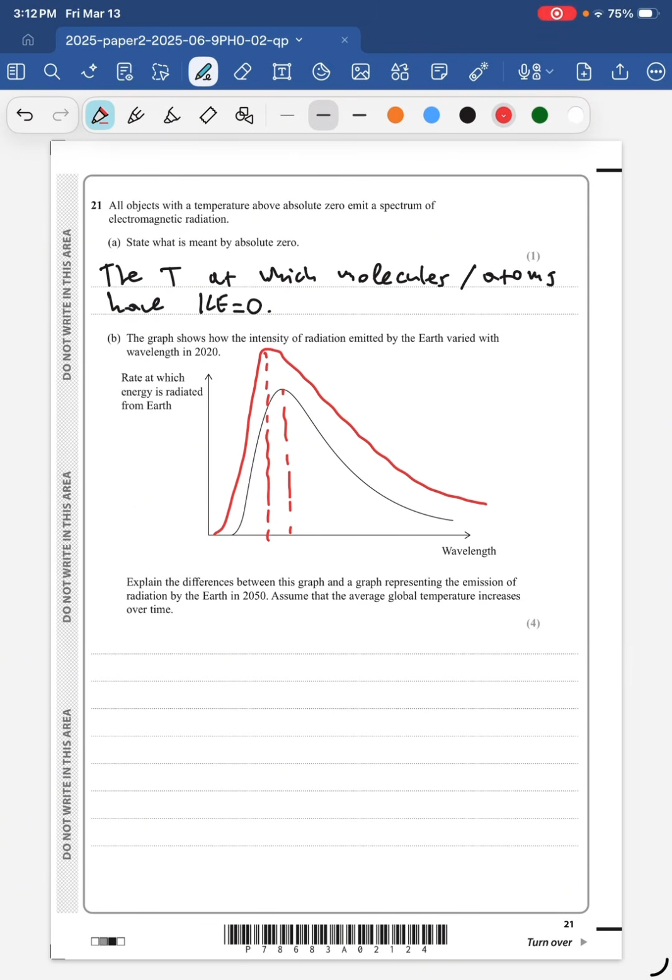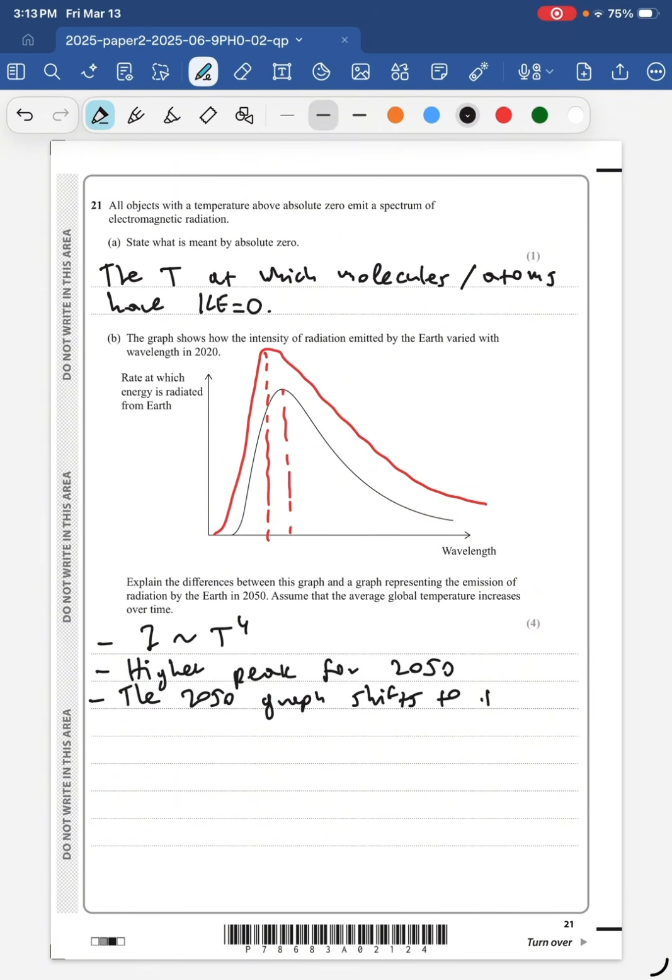Okay, so we can write down a few things about this. The intensity of radiation is proportional to T to the fourth. That's why the red curve has a higher peak. So higher peak for 2050. The 2050 graph shifts to the left.